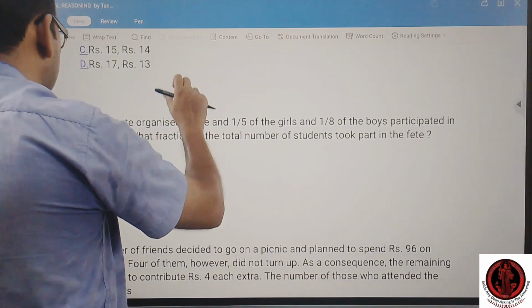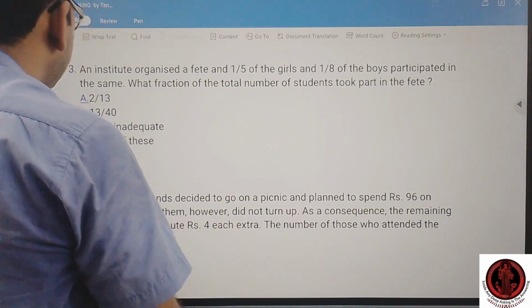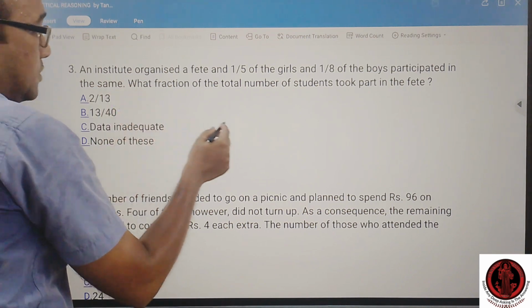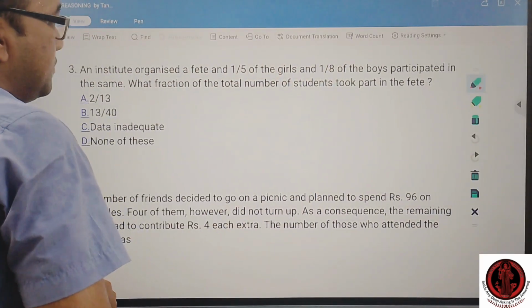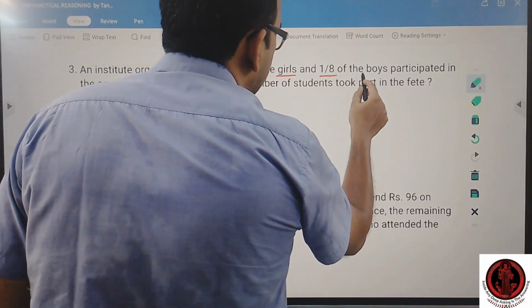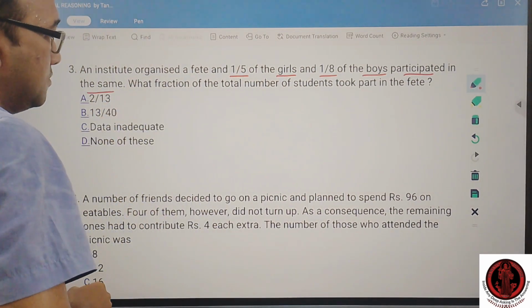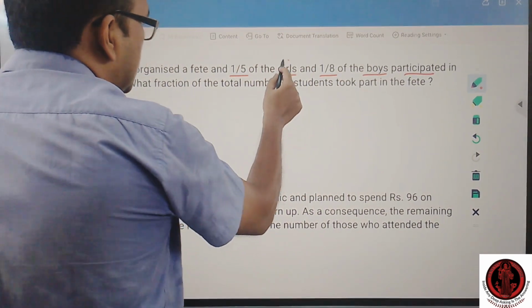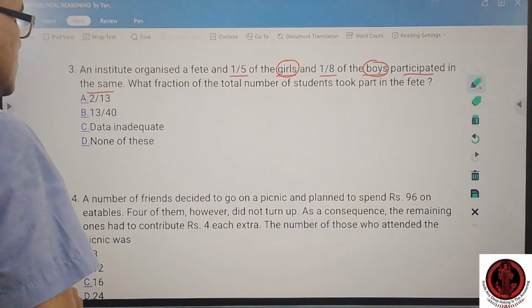Next, question number 3. An institute organized a fete and 1/5 of the girls and 1/8 of the boys participated in the same.